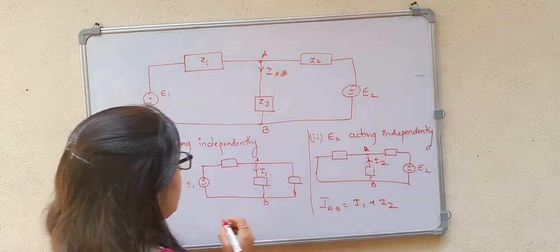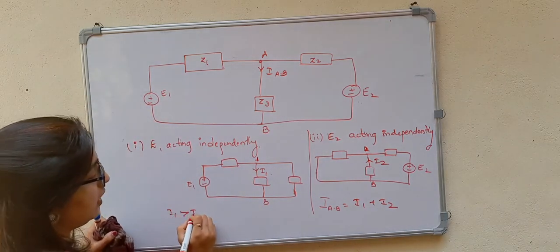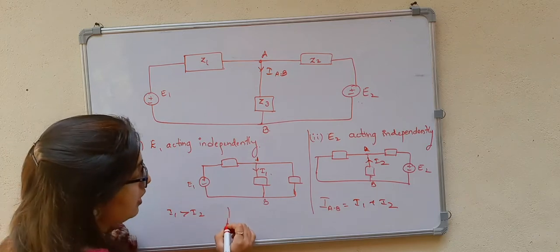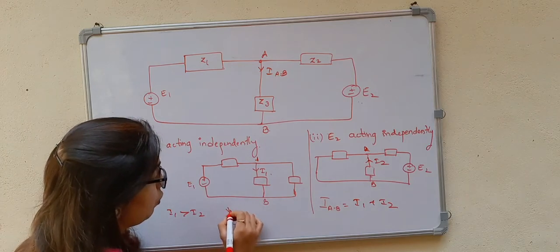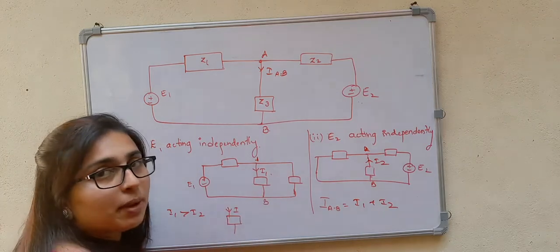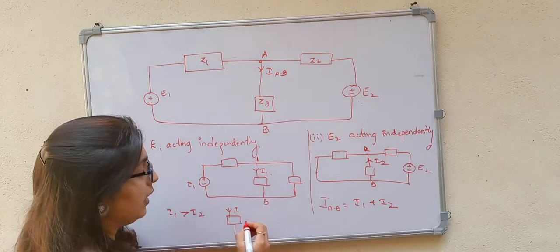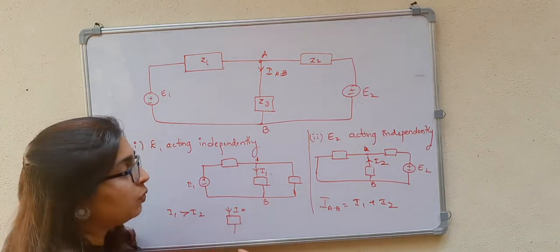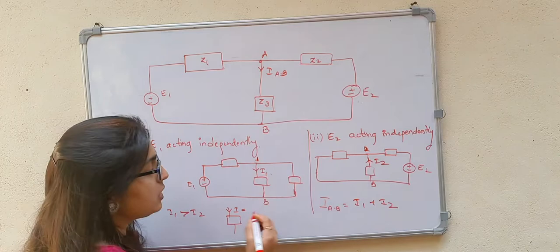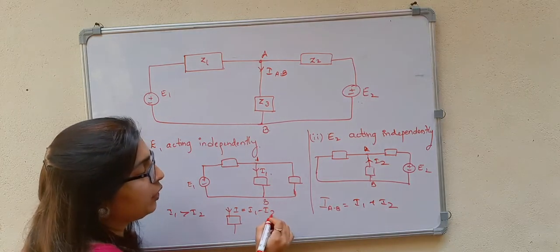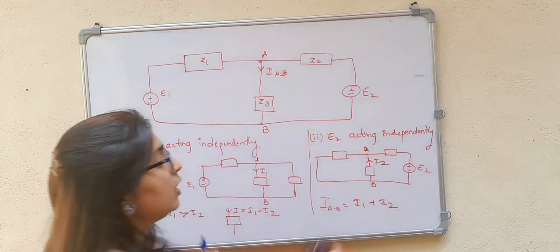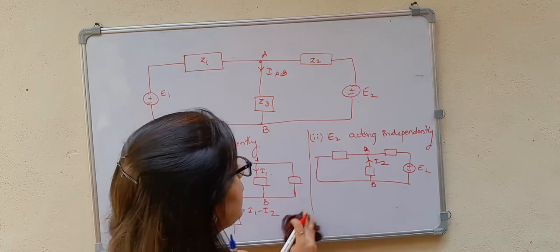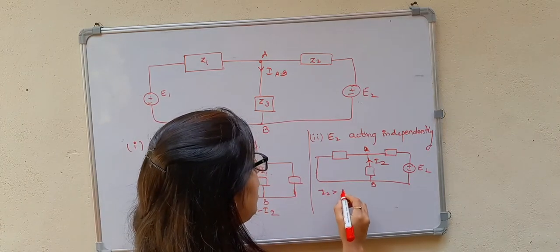Suppose I1 is greater than I2. I1 is greater than I2. Now the resultant current I will flow in the same direction as I1 because that is the larger current. And what will be the magnitude? That will be equal to larger minus smaller value, I1 minus I2. And suppose I2 is greater than I1.